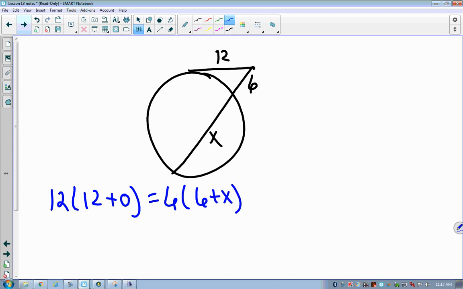On the left-hand side we're going to get what? 144. Then I've got what? 36 plus 6x.